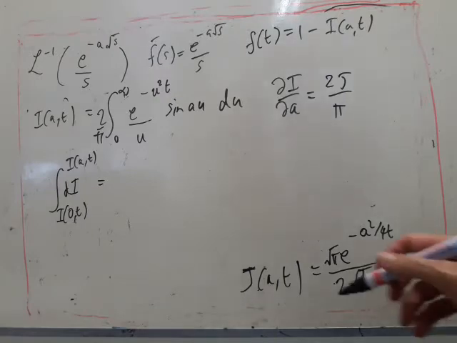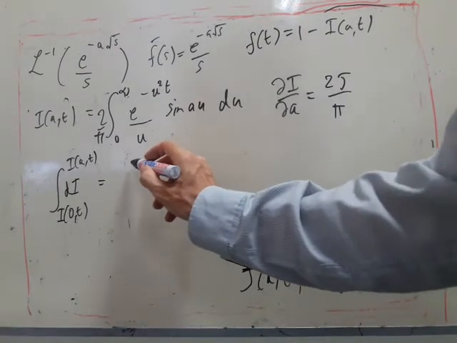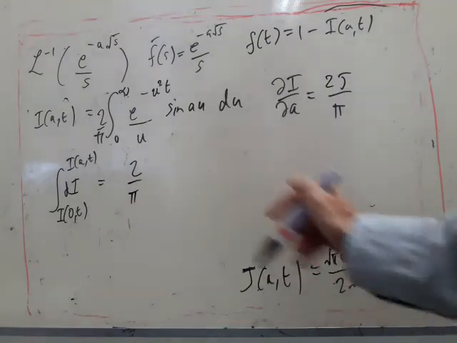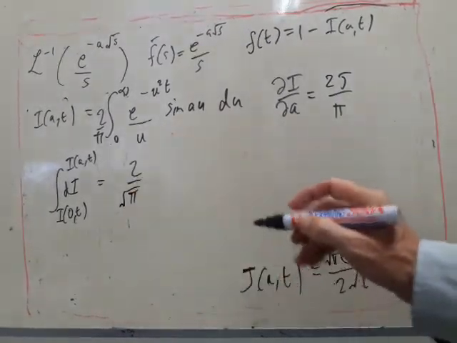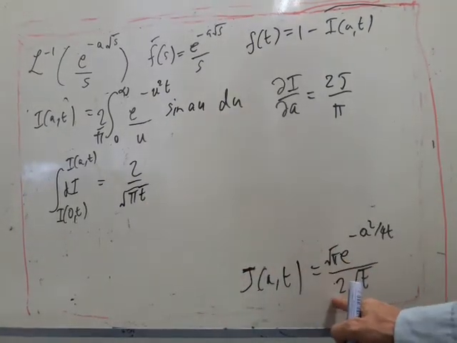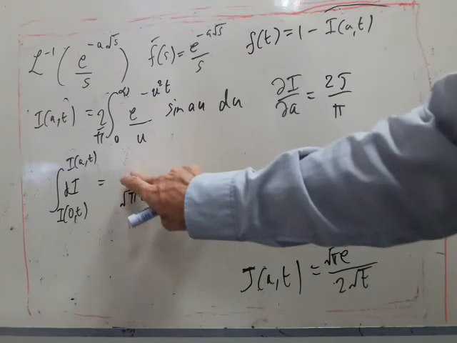And on the right hand side, okay, I've got to integrate this with respect to a. So I've got 2 over pi. I've got root pi here, so that gives me this. I've got a t, and I've got this 2 here, which cancels this 2 here.